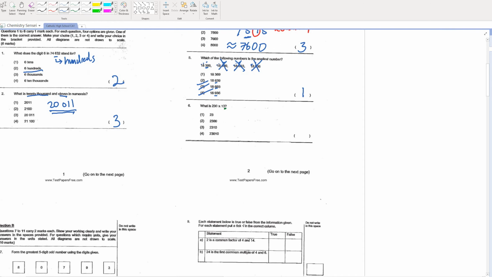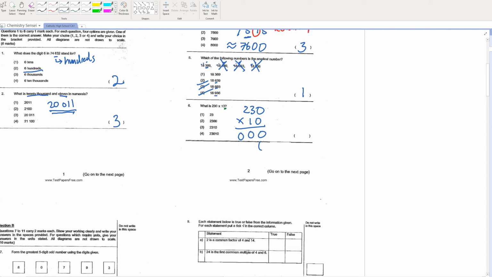Question 6. What is 230 times 10? So we have 230 multiplied by 10. 0 times 0 is 0. 3 times 0 is also 0. 2 times 0 is 0.